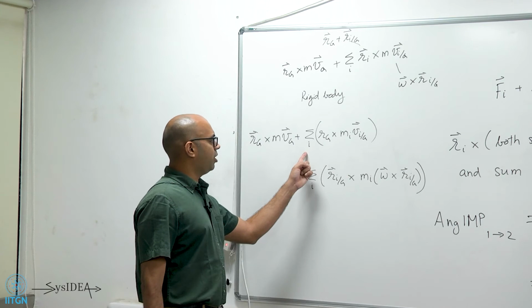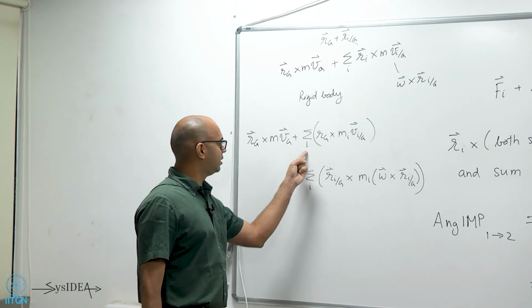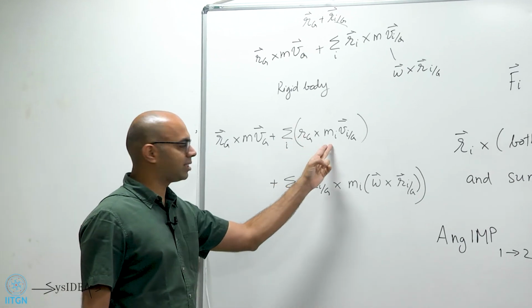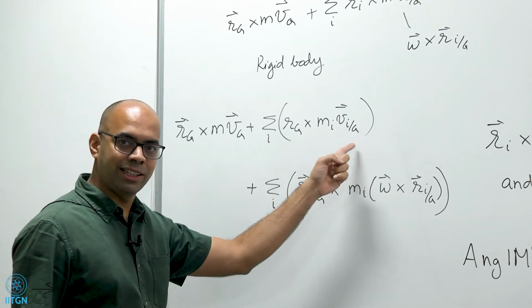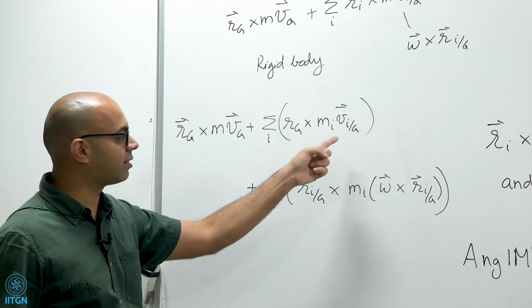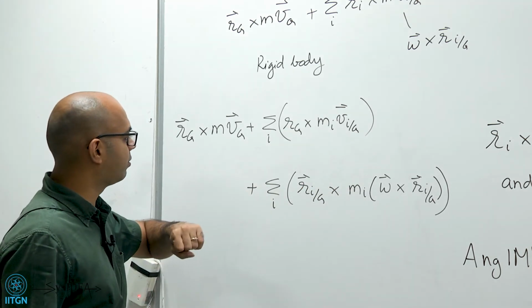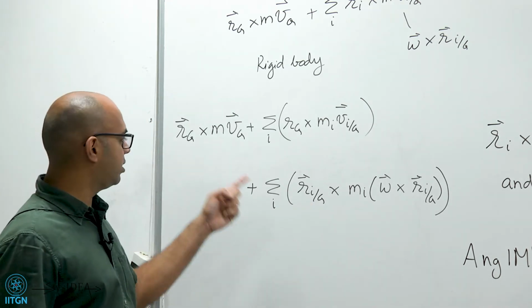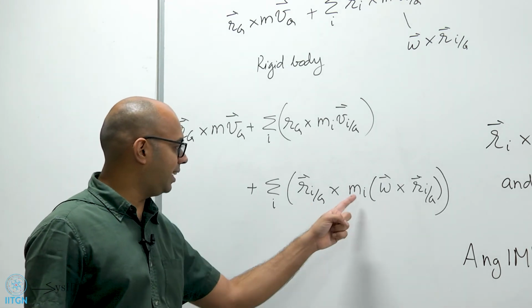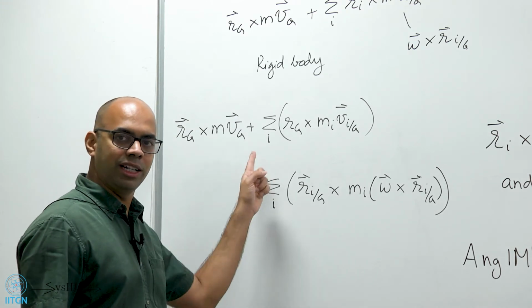And then it should be obvious that Rg, since it's not dependent on i, you can take the summation in here, and sum over i mi Vi with respect to g is 0 because you are measuring everything relative to the center of gravity. So only thing that remains is this term and the first term here. And this term again you can see, remember in rigid body it's really an integral.